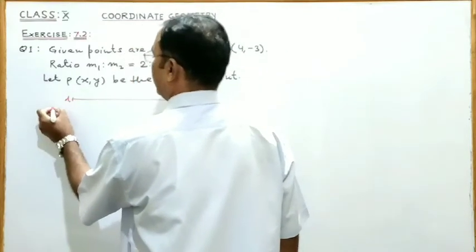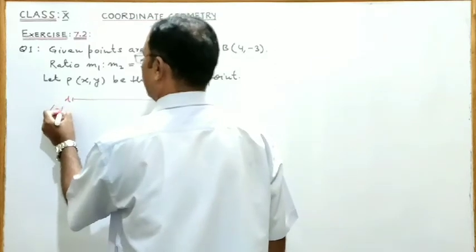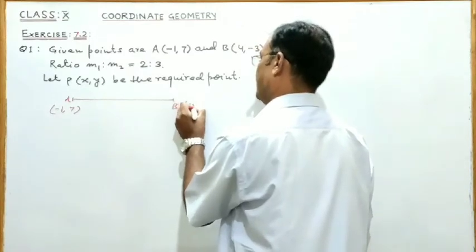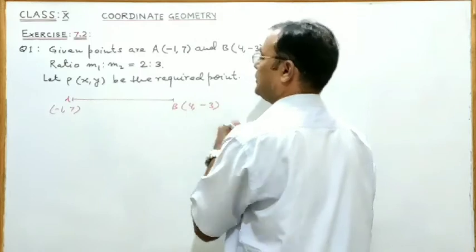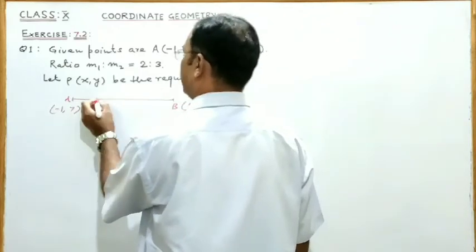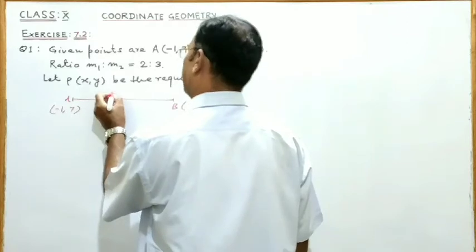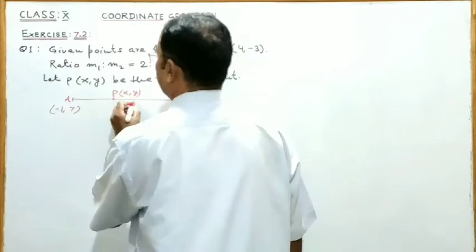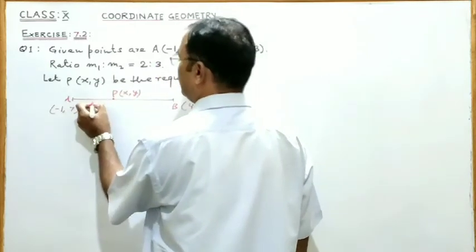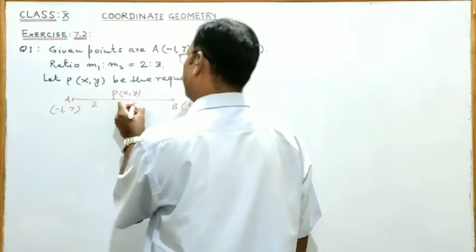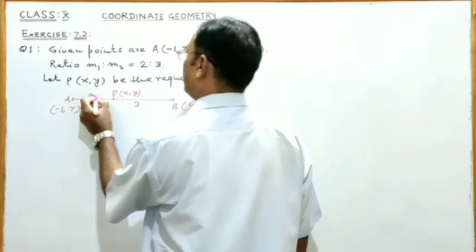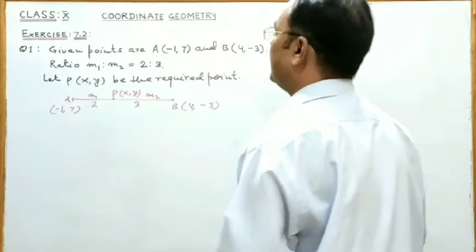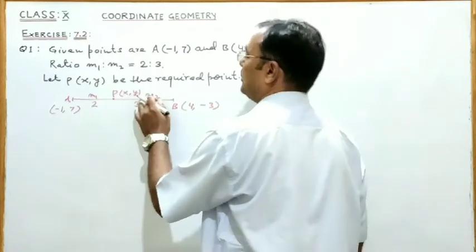There is a point A with coordinates (-1, 7), another point B with coordinates (4, -3), and on the join of these two given points there is a point P with coordinates (x, y) which divides this line segment AB in the ratio of 2:3. m1 is to m2 is 2:3, and we have to find the coordinates of this point P (x, y).